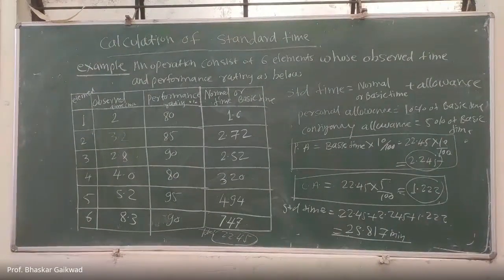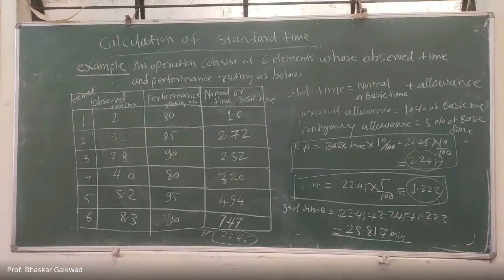Why do we require these standard times? Because depending upon these times we can give the salary to the workers. For cost estimation purposes, this time is very important. If standard time is not there, what will happen?